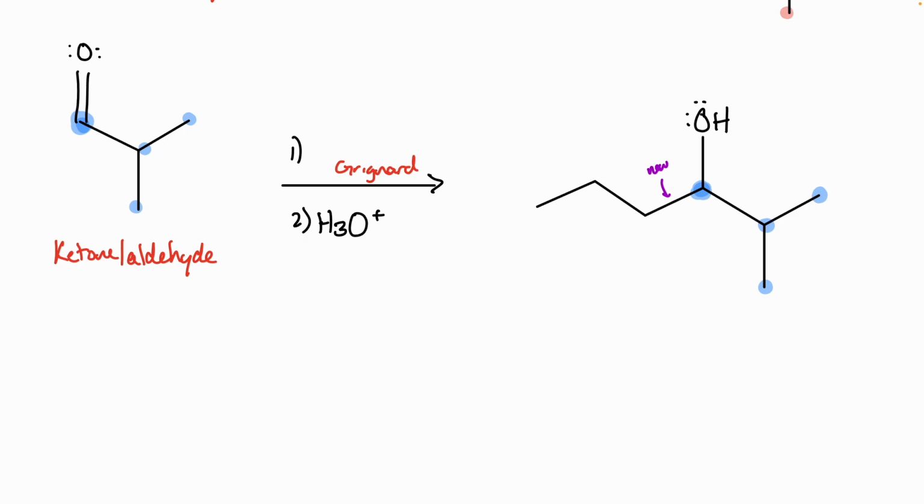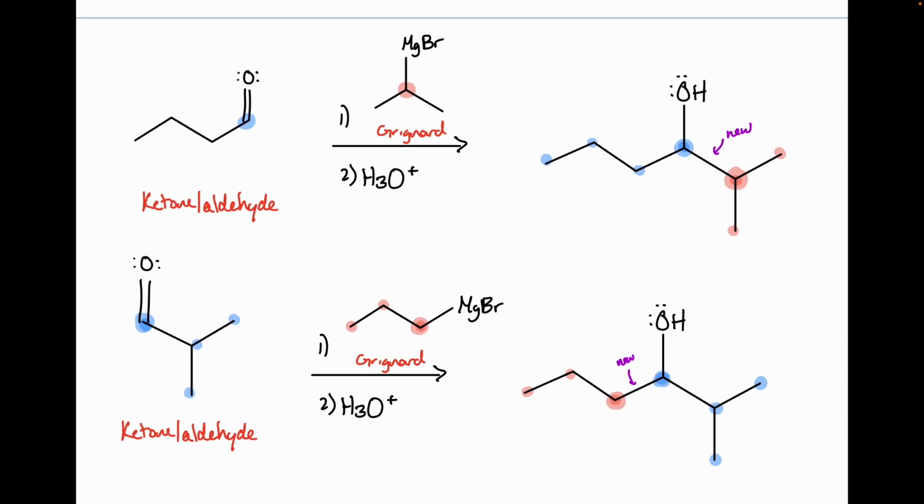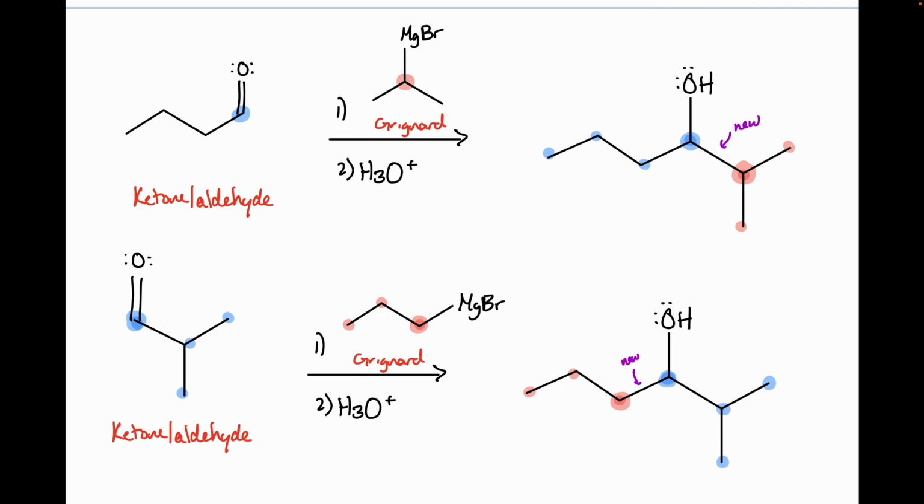And that means my other carbon here is from my Grignard, right? If that's my new bond, and my Grignard is 3 carbons, I know this has to be the one that has the magnesium. Boom. Okay, so either one of these would work as methods of creating that alcohol product using a Grignard reaction.